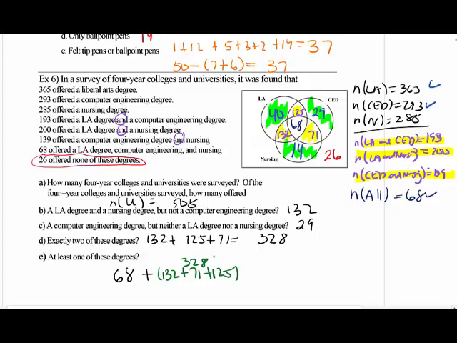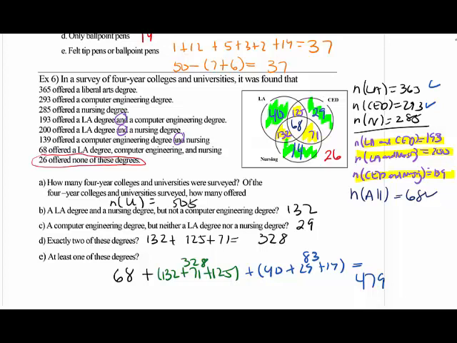And then offering only one of them, the degrees, would have been the blue portions up there, which would be the 40, 29, and 14. So adding up my only ones would be the 40, 29, and 14. That's going to give me 69, 73, and 83 for that piece. So if I add up all of those numbers together, I should get a total of 479, again, which is realistically then what I expected.